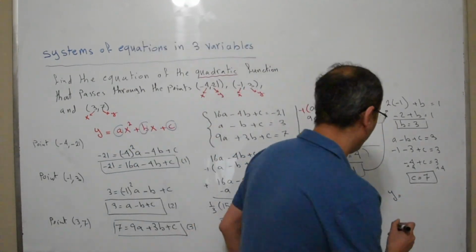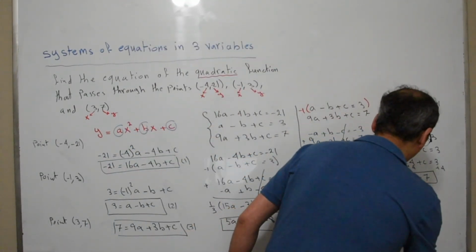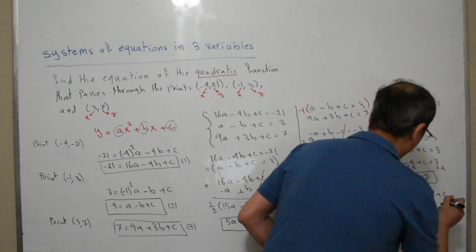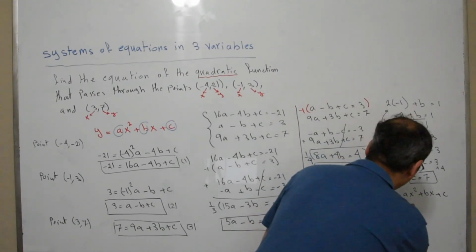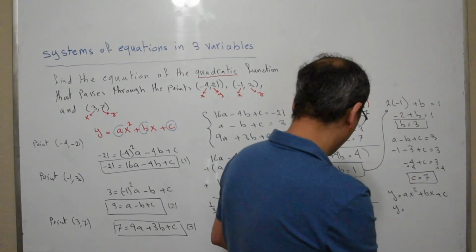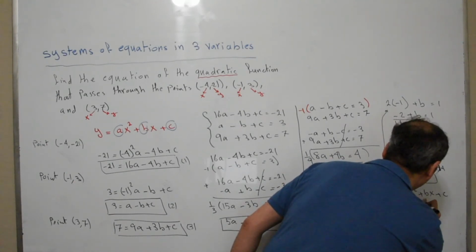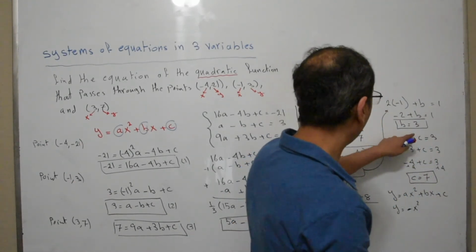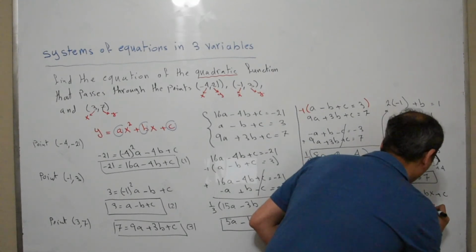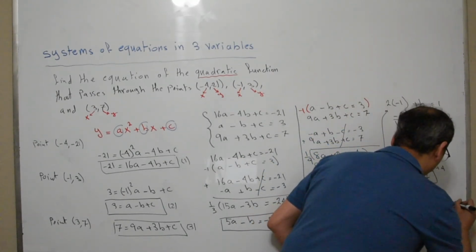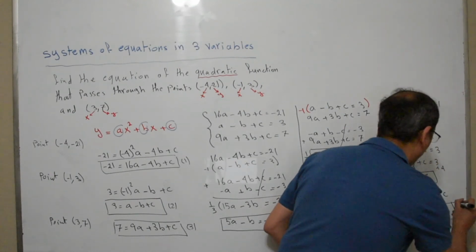Negative 1, so that would be, let's write the equation again: ax squared plus bx plus c. Let's write this down here. I have y. What is a? Negative 1. So negative x squared. And what is b? 3. So plus 3x. And what's c? 7. And here is my solution.